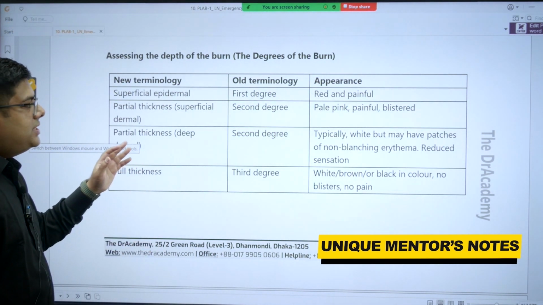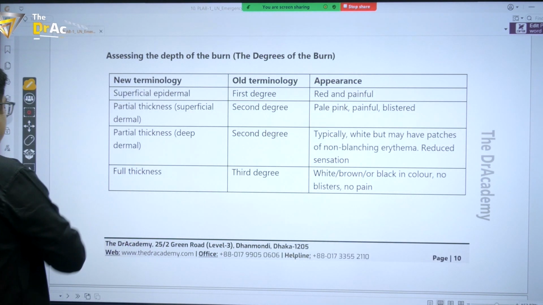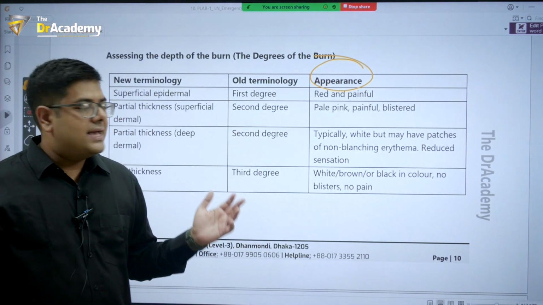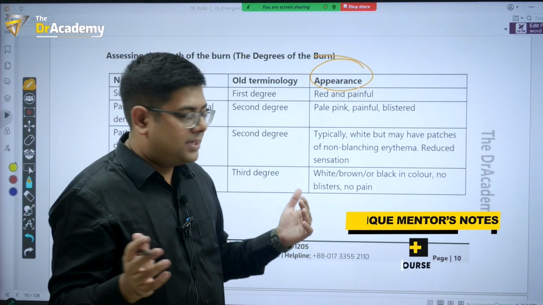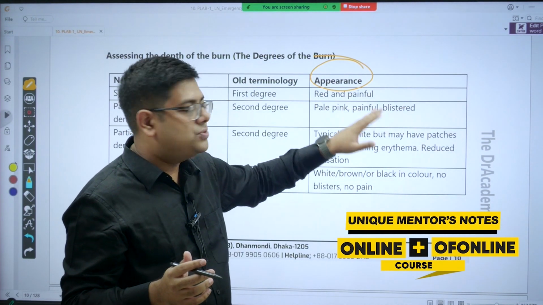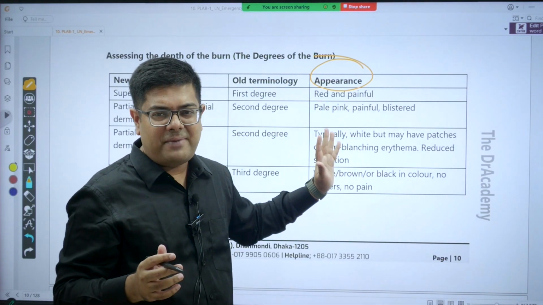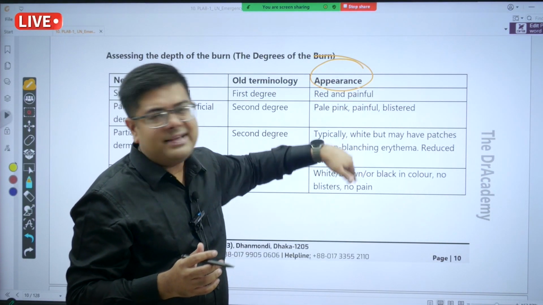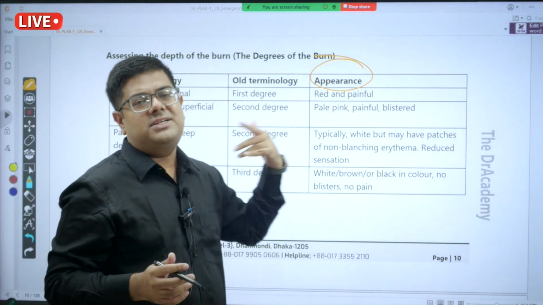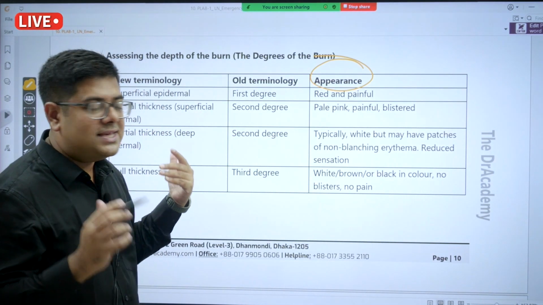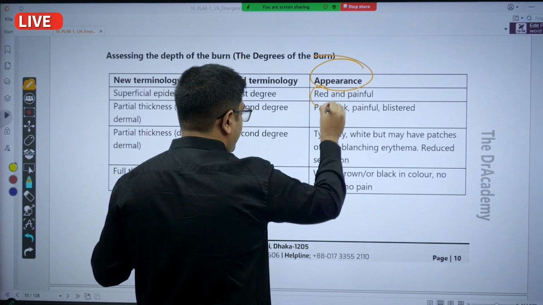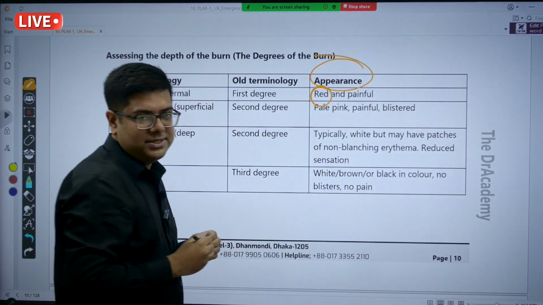Main thing we need to memorize is this, the appearance. This is important because in the exam, in the stem, in the question, you will be given these categories. You have to identify which type of burn the patient is having from these characteristics. So first of all, look, superficial epidermal, the first degree burn. How will you recognize this? Mainly this thing, red.